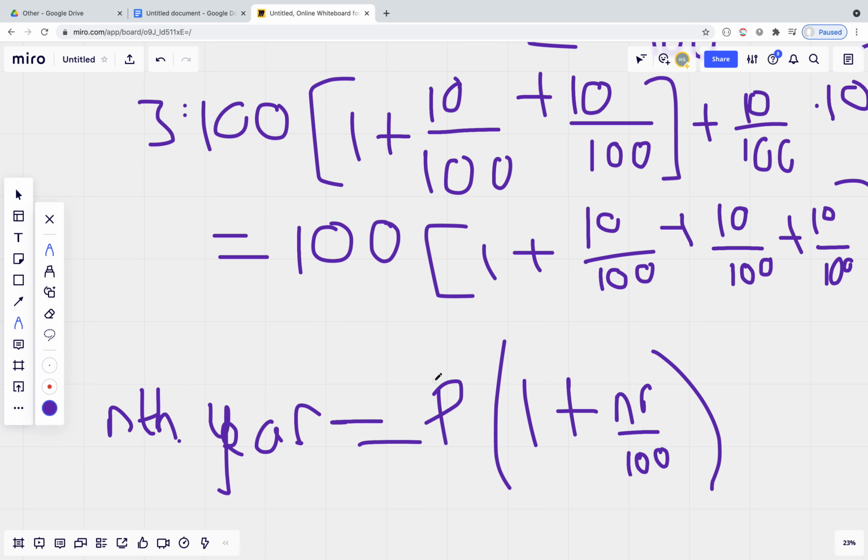It's the initial amount you borrowed or invested, depending on the situation. N is the number of years. R is the percent, so R%, so that could be a 5, in our case it was a 10, and this is the formula, as you can hopefully see, for simple interest.